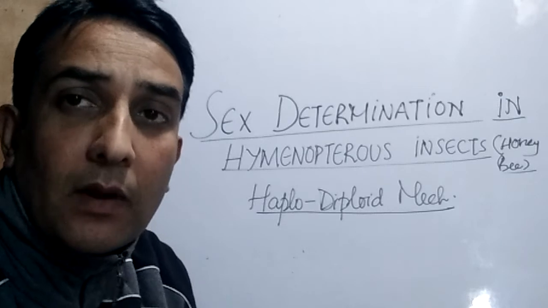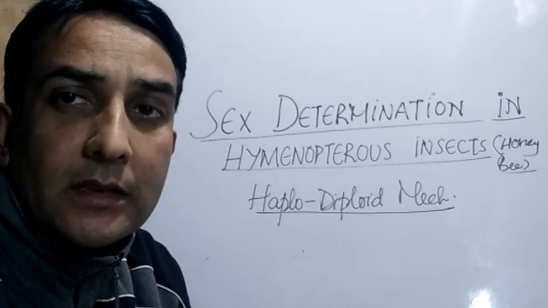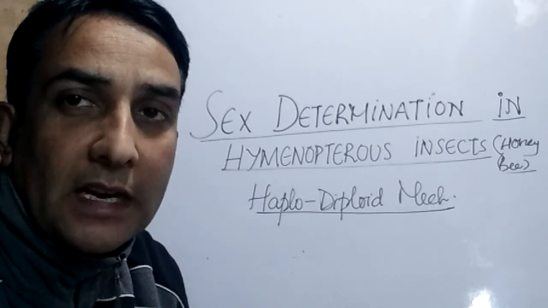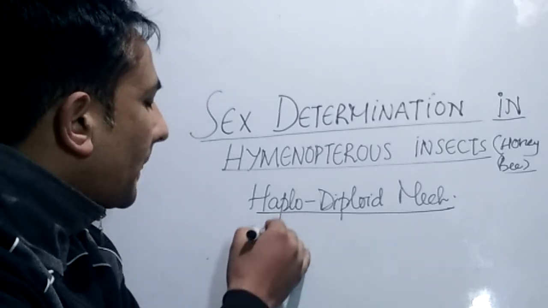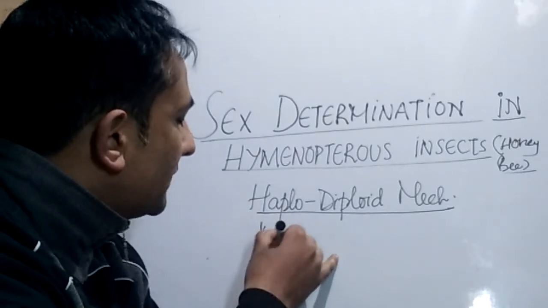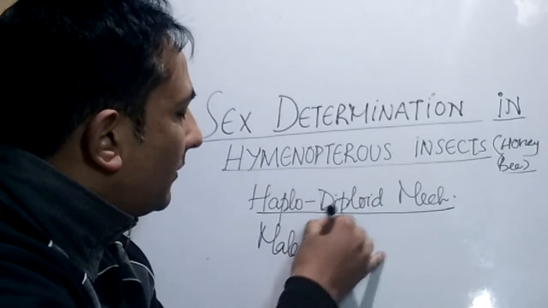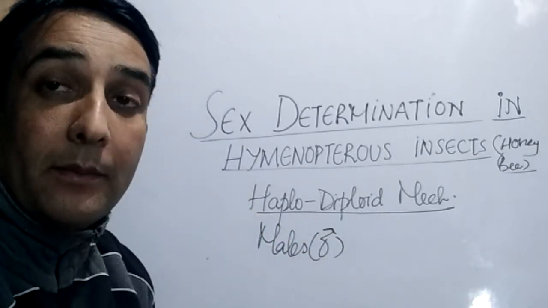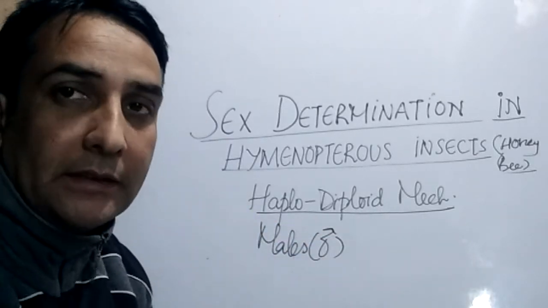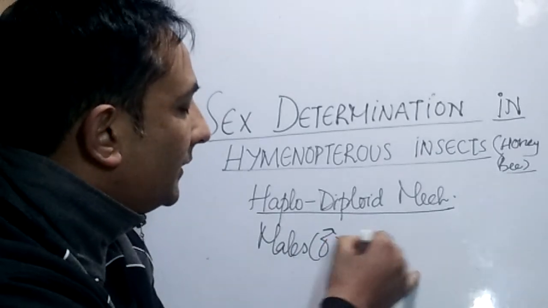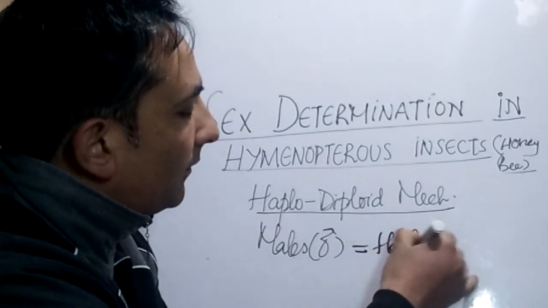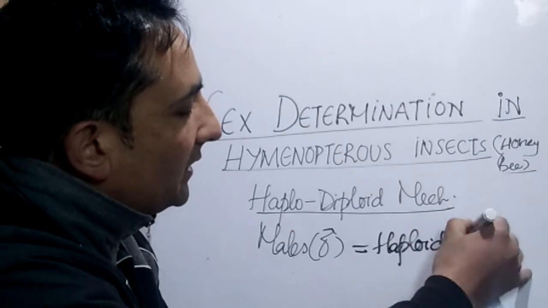The question is what we mean by the haplodiploidy mechanism of sex determination. In these insects, the male is represented by this sign. The males are haploid. Haploid number is represented by n.